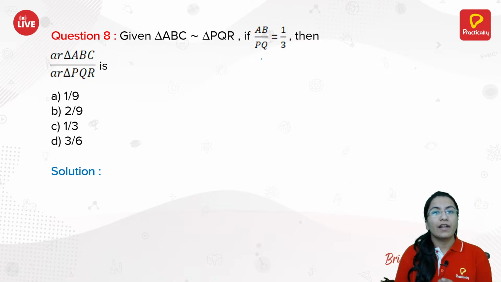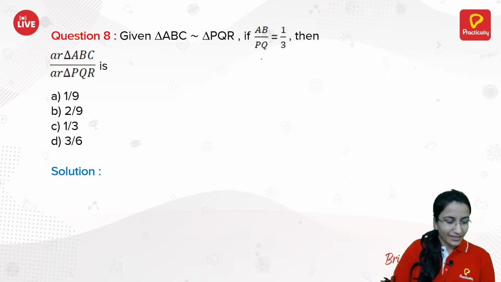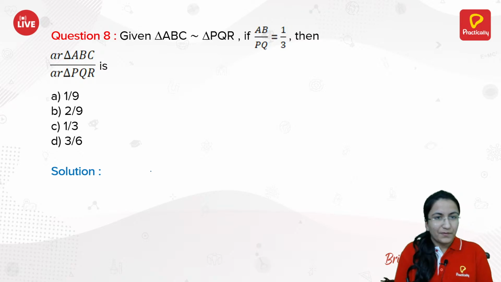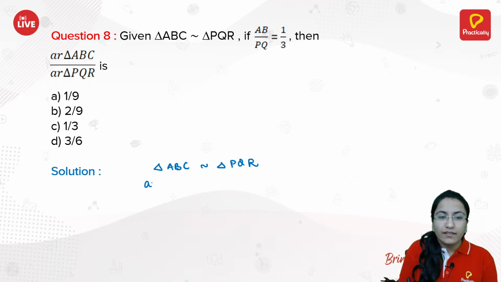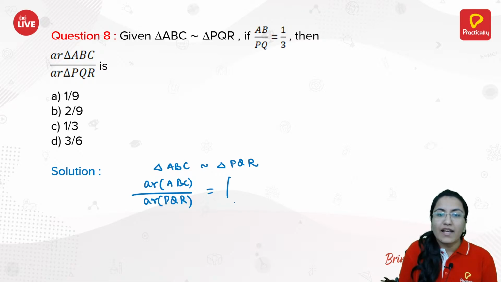Then the area of triangle ABC by the area of triangle PQR is what? What exactly is the theorem we can recall over here? We have two similar triangles ABC and PQR. If two triangles are similar, then the ratio of their areas is the same as the square of the ratio of their sides.